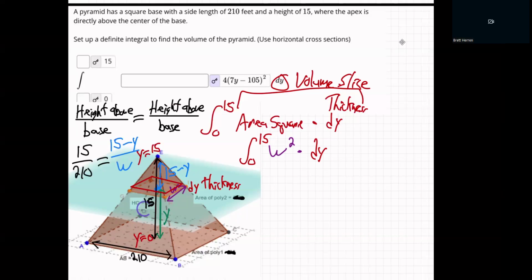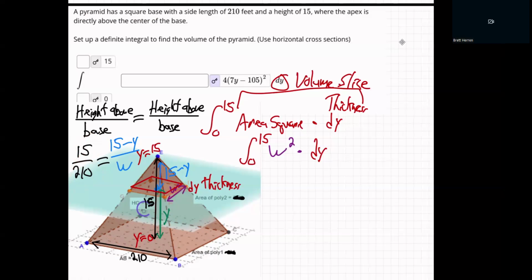We're going to be taking horizontal slices from the bottom and going up. You can see this one slice that's up at a height of y. When a slice is up at a height of y, then the part above it is 15 minus y, because the whole thing is 15, take away the y. So height above 15 over 210 is height above 15 minus y over w, the width of the slice.